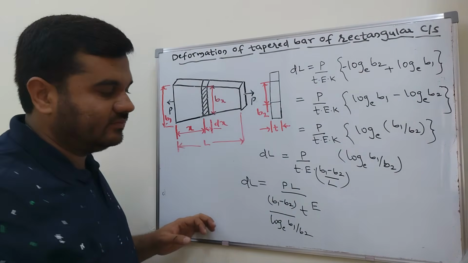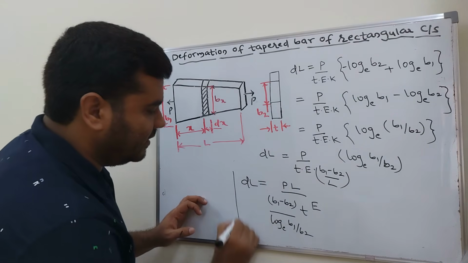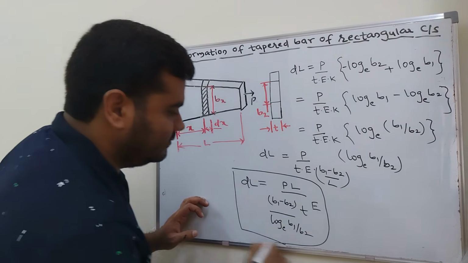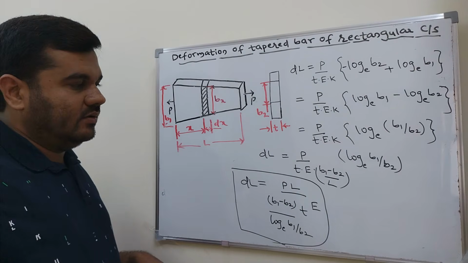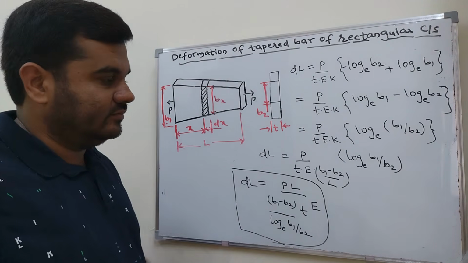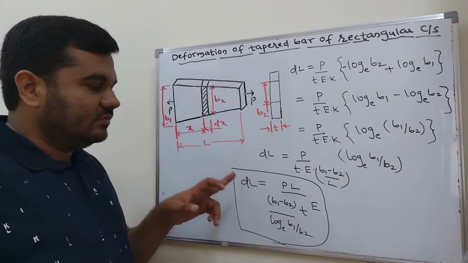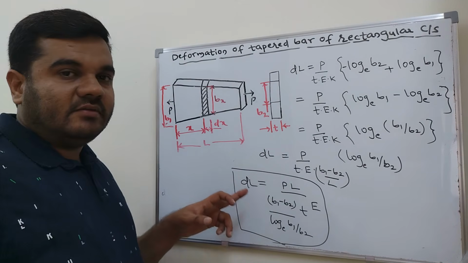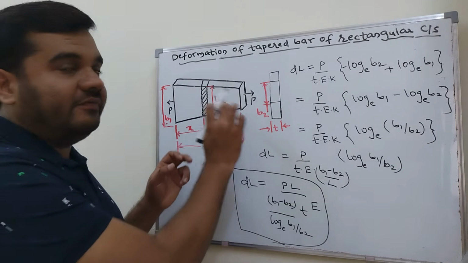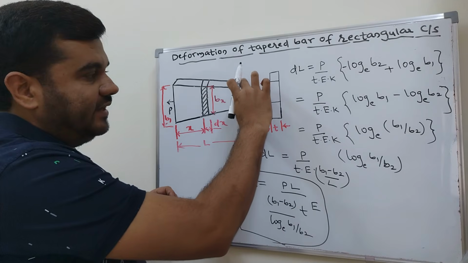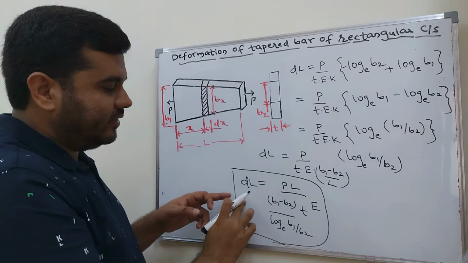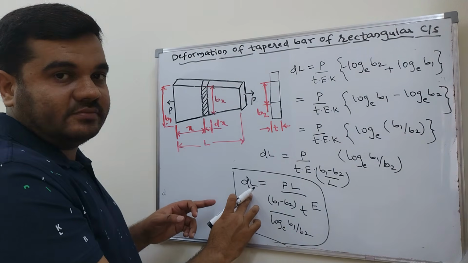This is how you need to remember the formula. Are you getting my point? So this is the formula for finding the deformation of a tapered bar with rectangular cross section subjected to axial tensile load.